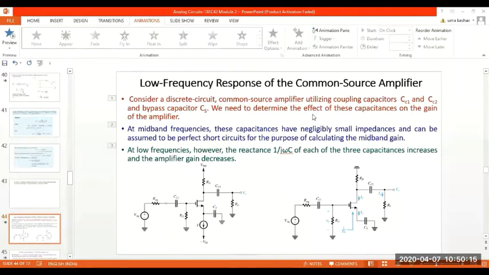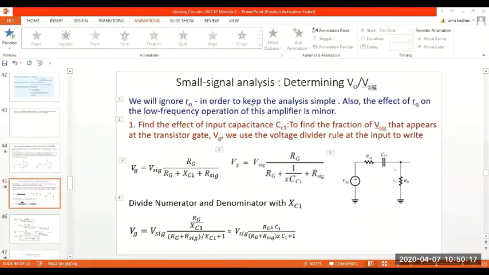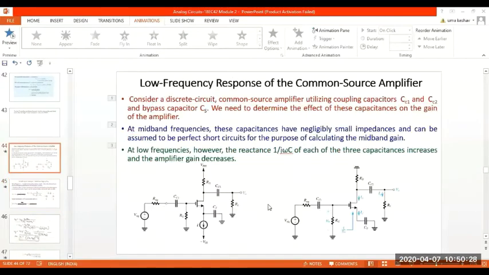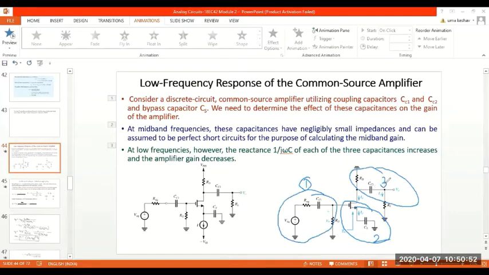Now, whenever we do the small signal analysis at low frequencies, we have to consider three cases. The first case is the effect of the capacitance CC1. In the second case, I will consider the effect of the bypass capacitance CS. And in the third case, we will consider the effect of the coupling capacitance CC2.